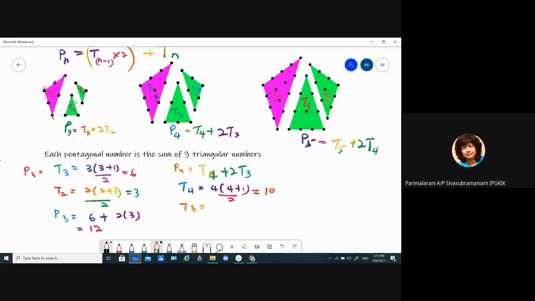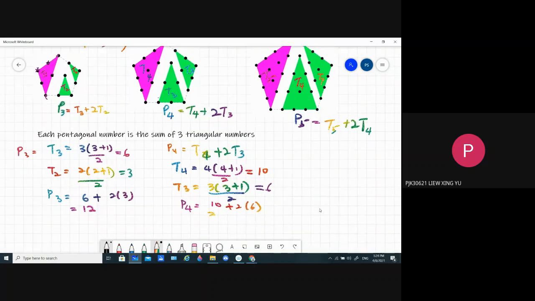And T3 is 3 into 3 plus 1 over 2. This is how much? 6, correct? Yes. So P4 is equal to 10 plus 2 times 6, which is 22.